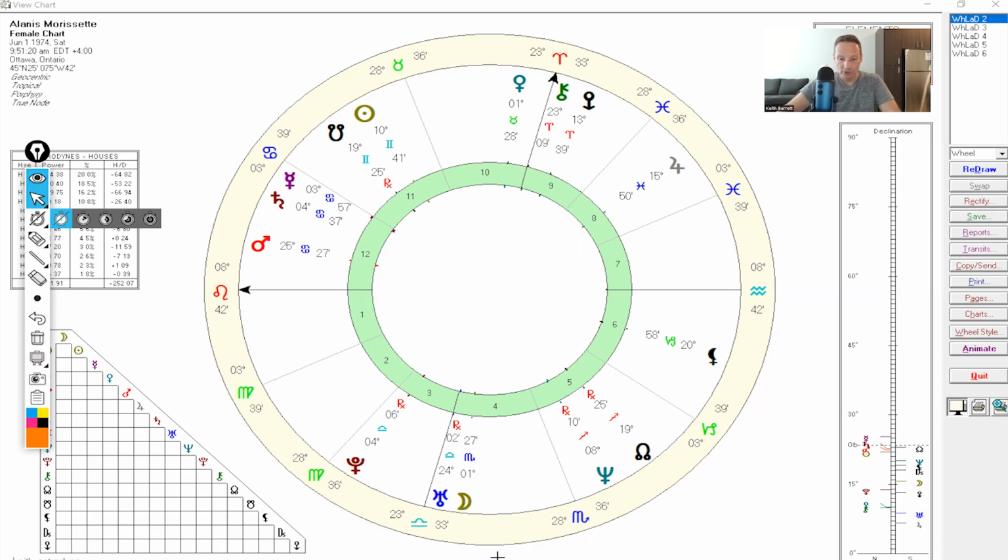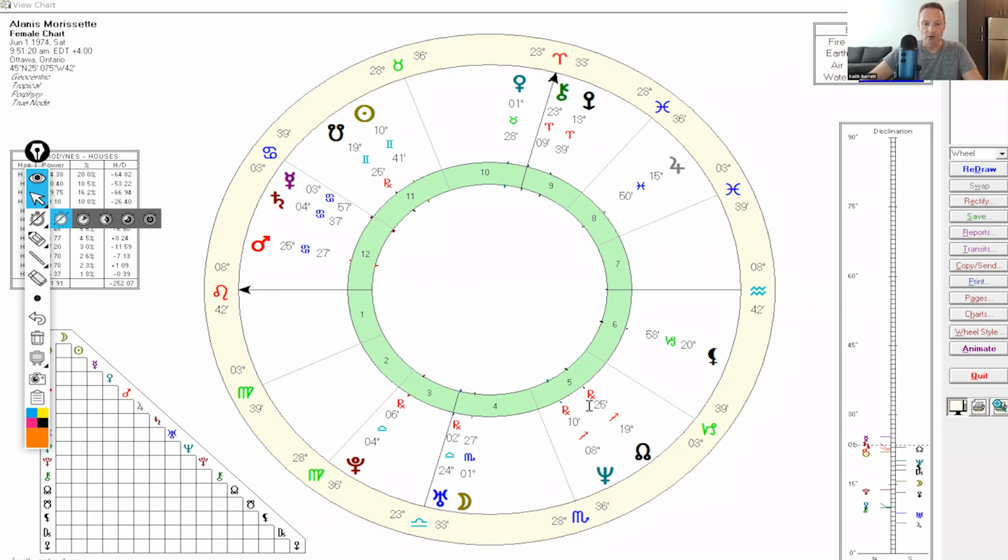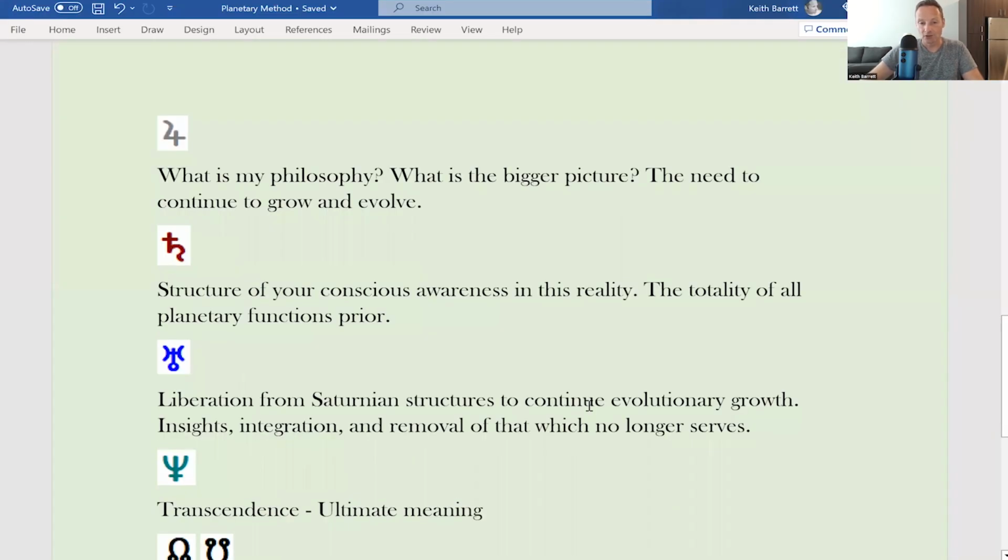And then we go to the next piece of the puzzle here, which is going to be Saturn. Structure of your conscious awareness in this reality, the totality of all planetary functions prior to Saturn. So if you look at Saturn, Saturn in our solar system is the bridge or the border between the inner and the outer planets.